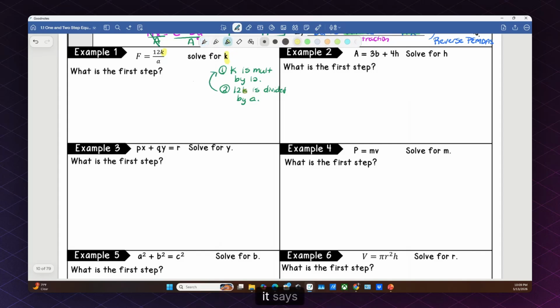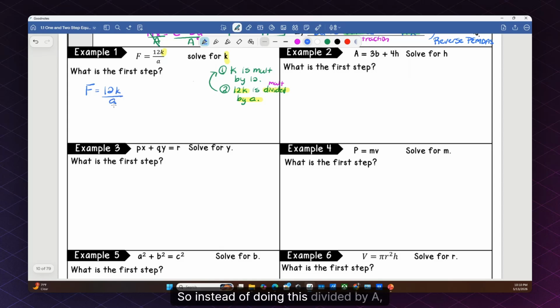So it says 12k is divided by a. The inverse operation is going to be multiply, right? So multiply goes with divided. So if we write this over again, we got f equals 12k divided by a.